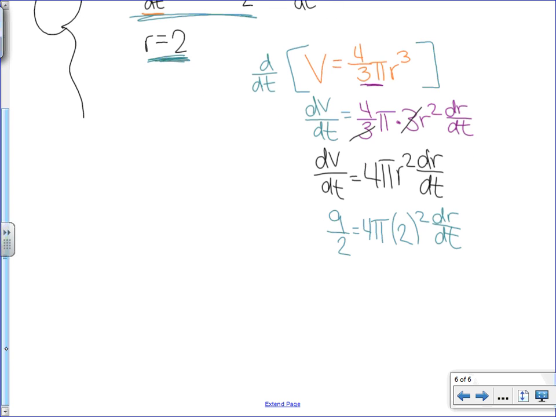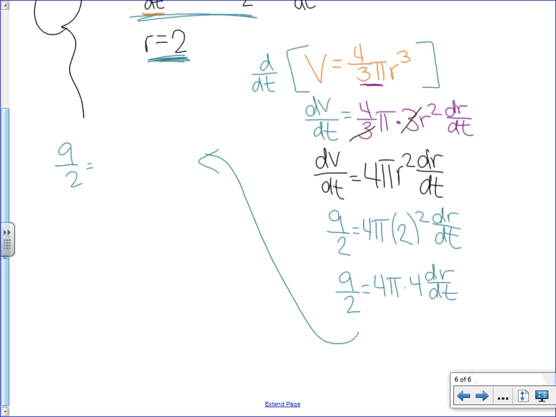Now let's simplify. That's really 4 pi times 2 squared, which is 4. Got a little ahead of myself. So 9 halves is equal to 16 pi dr dt.